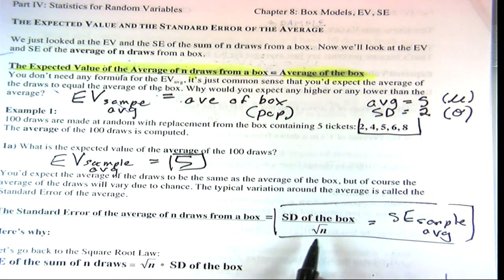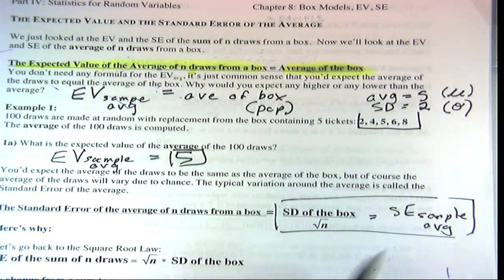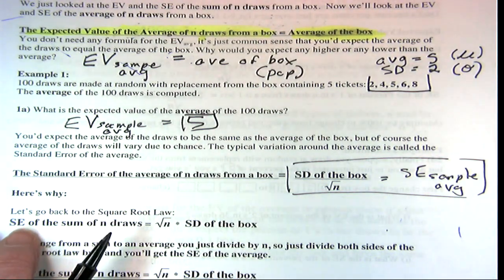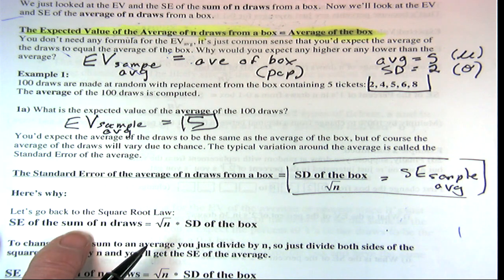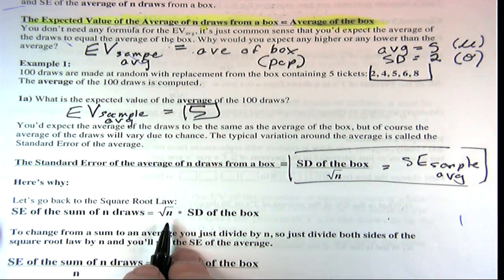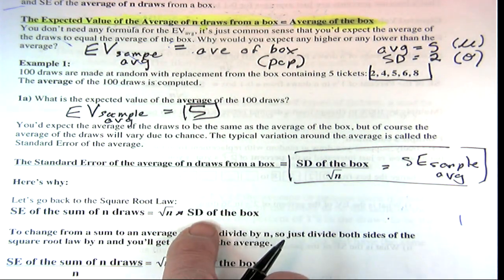So you divide by the square root of n. You don't multiply by it like we did before. Here's why. Maybe if you see the math it will help you. Remember, the standard error of the sum of n draws was the square root of n times the standard deviation of the box.